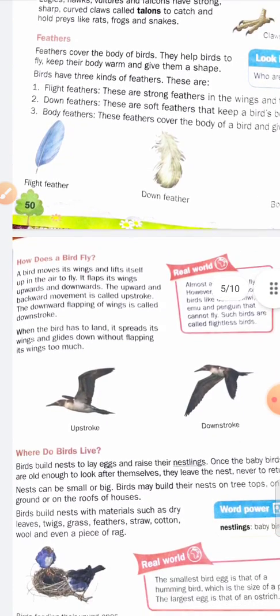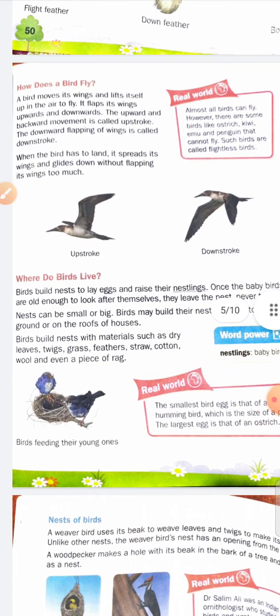Now students, we will discuss how a bird flies. Yes students, with the help of its wings. They have a pair of wings. So a bird moves its wings and lifts itself up in the air to fly.